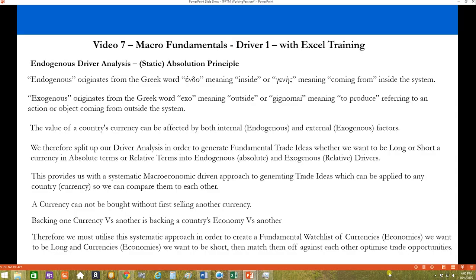So basically, backing a currency itself versus another is exactly the same as backing a country's economy versus another. So what we have to do is utilize this systematic approach to create a fundamental watch list of currencies that we want to be long and currencies that we want to be short. And then we basically match them off against each other in order to optimize our trade ideas.